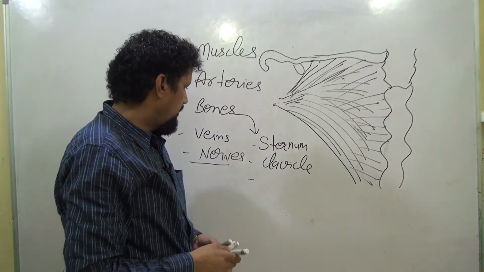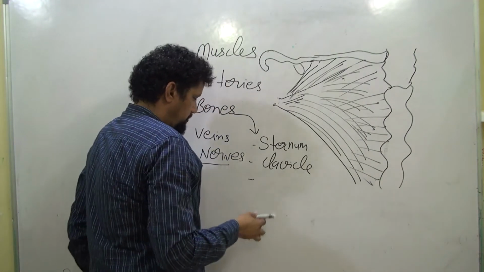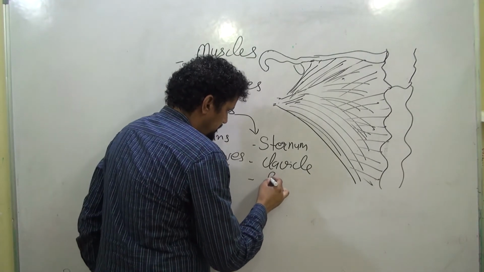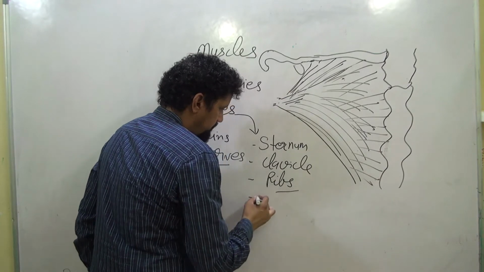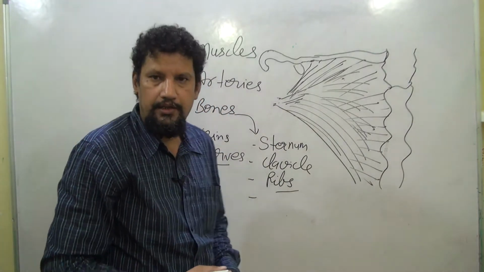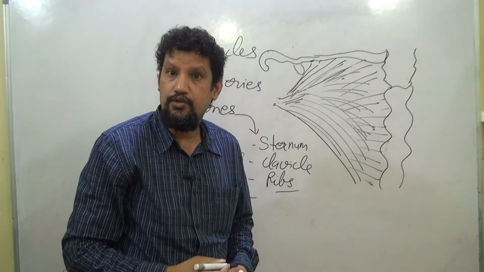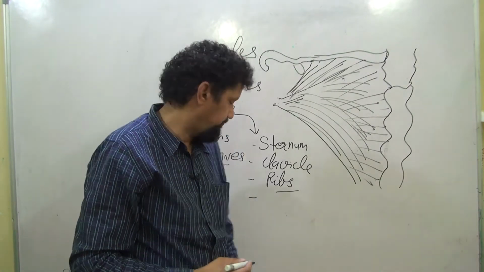It is also enclosing the ribs and the cartilage of the ribs, the costal cartilages.